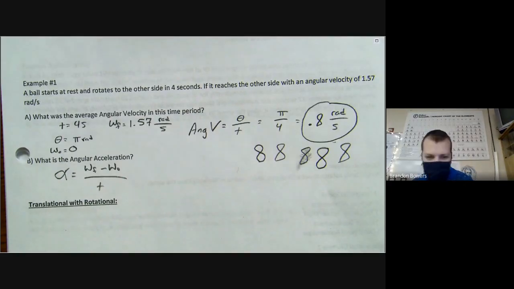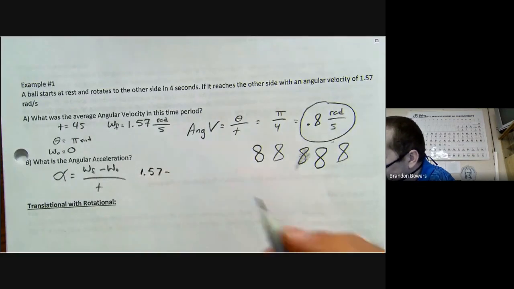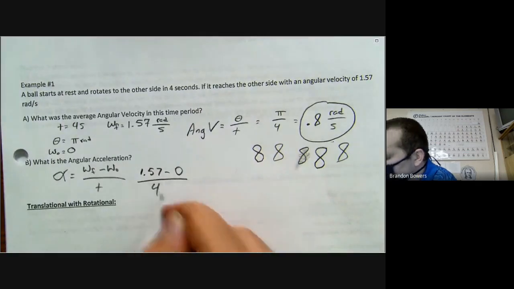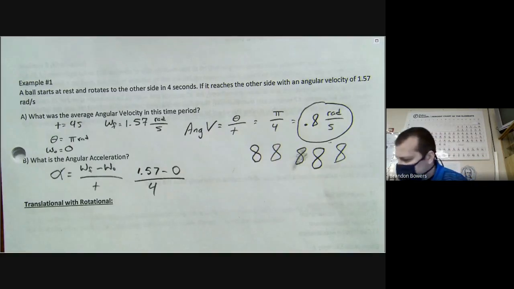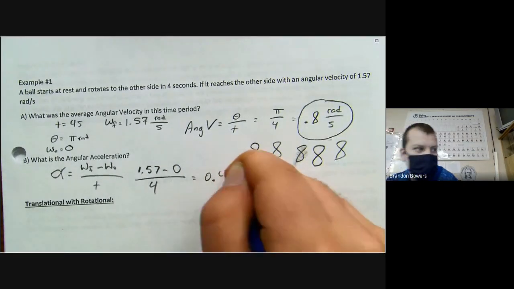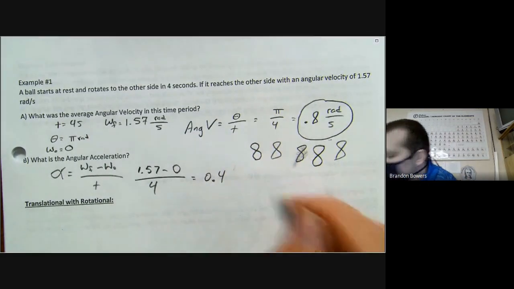My final was 1.57, my initial was 0, and my time was 4. So when we plug this into a calculator, I got 0.4.